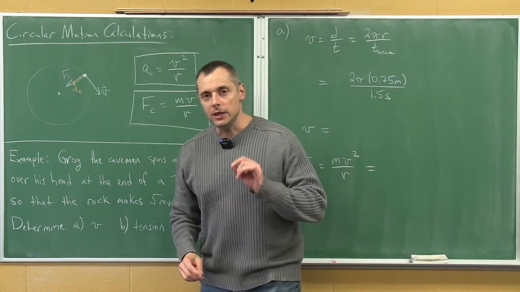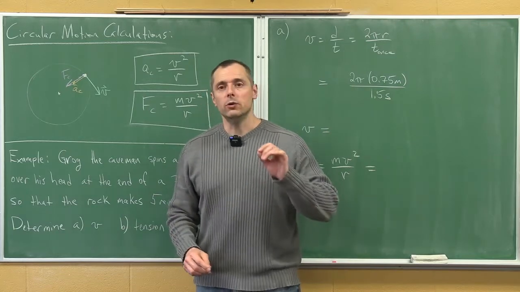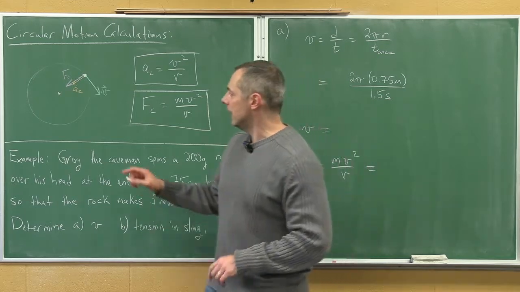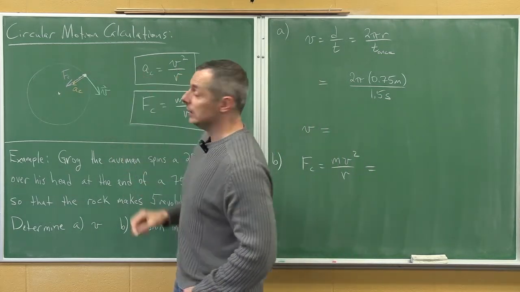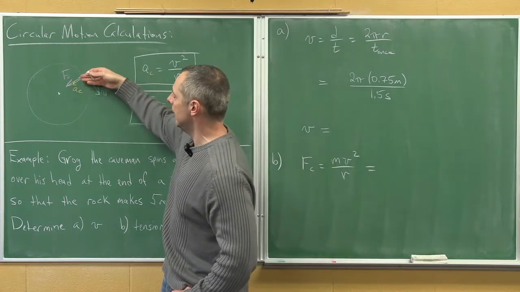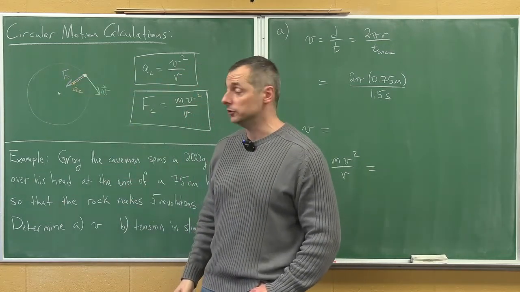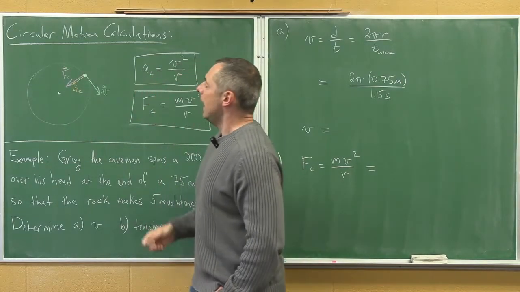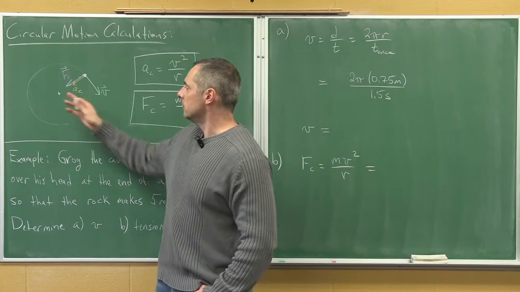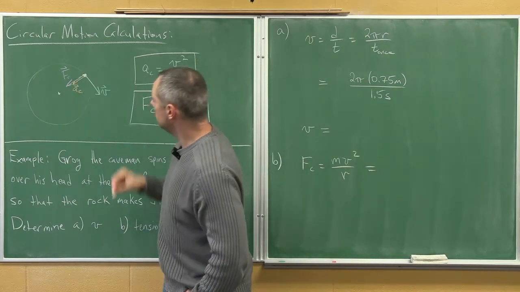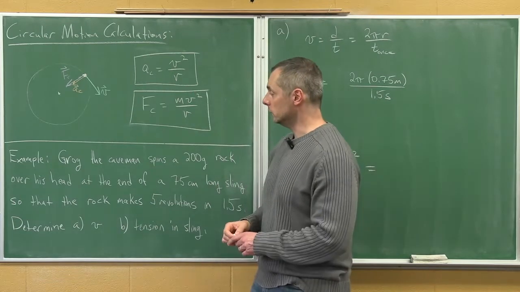And the key idea that I reviewed in a lot of detail in the first video is that there is no outward force, even though you may feel that there is one in circular motion. There is only an inward force acting on objects, which we label F centripetal. It's a vector also. And if there's a force towards the center of a circle, there is also an acceleration. So I put vector symbols over those.